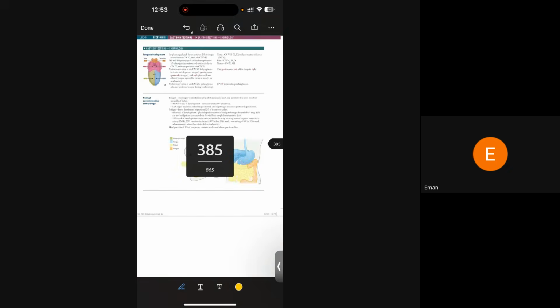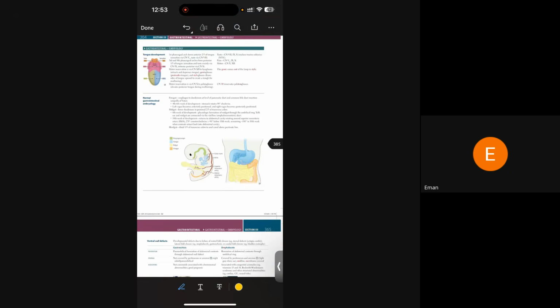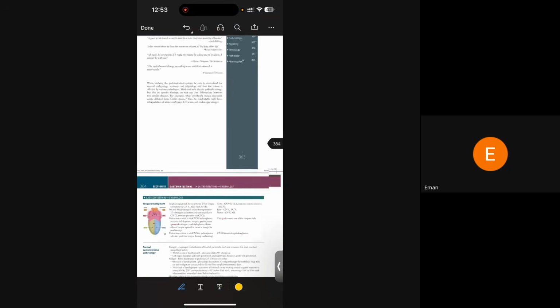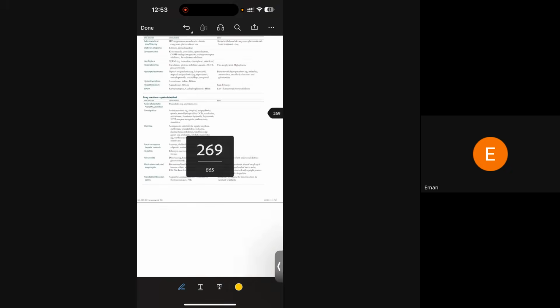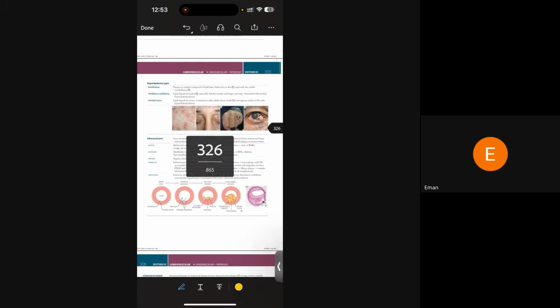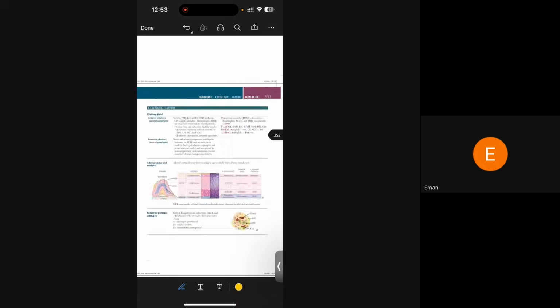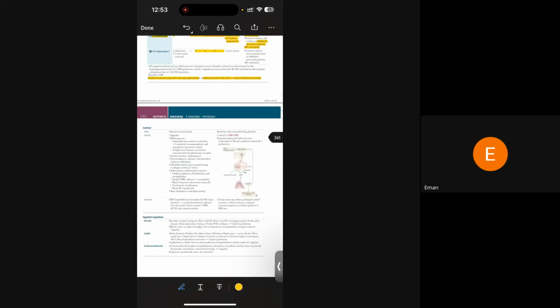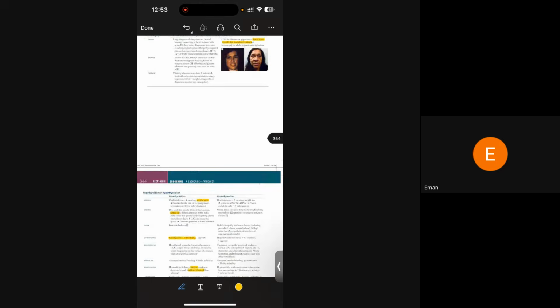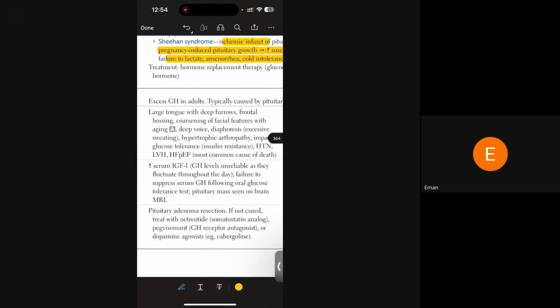Supraorbital ridges are elevated. Let me open acromegaly. Excess growth hormone.